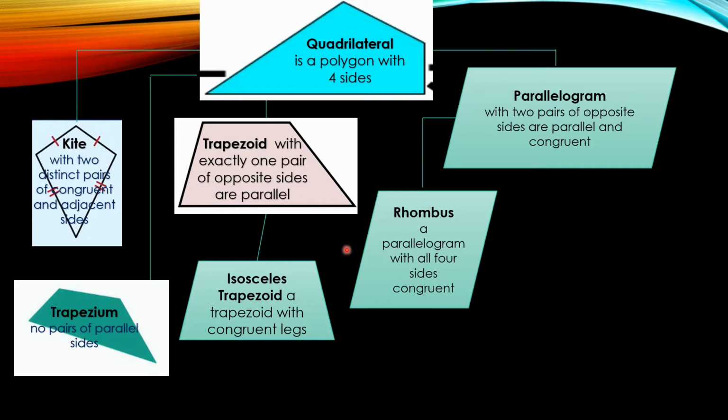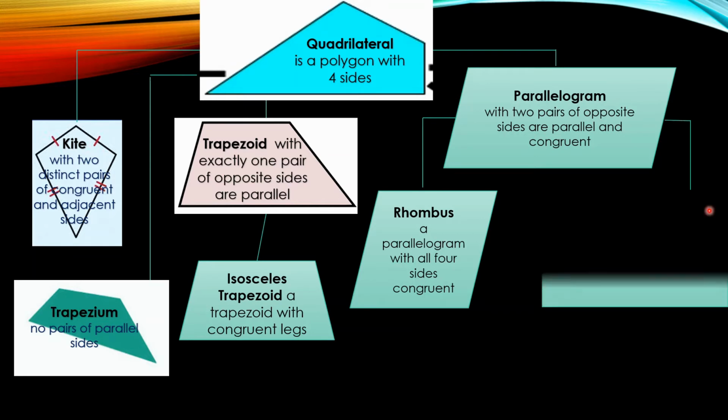The left and the right are also parallel. So, a rhombus is a parallelogram also. A rhombus is a parallelogram with all four sides congruent. So, the special characteristic of a rhombus is four congruent sides. These four sides are congruent, meaning same measure.